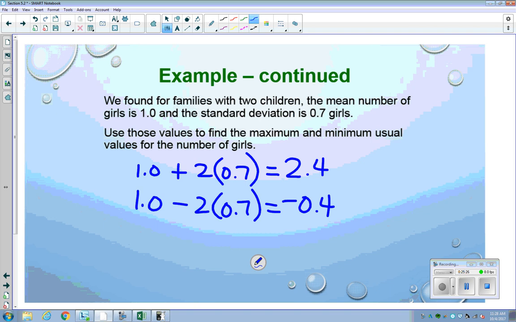So that means that anything in my probability distribution is considered usual. Everything that we've got is considered usual. Having 2 children, getting 0 girls, 1 girl, or 2 girls is usual. Okay, that's what that means.